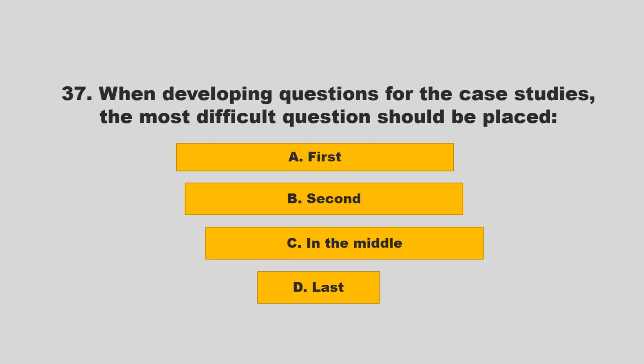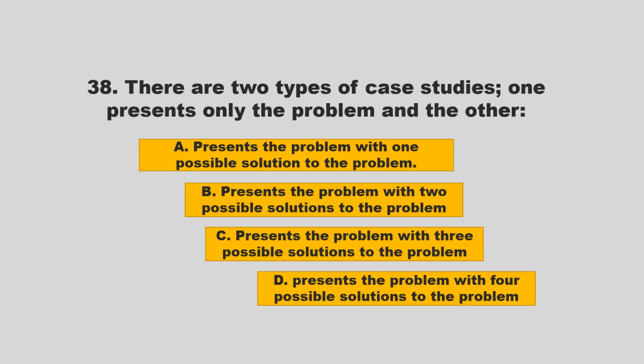When developing questions for the case studies, the most difficult question should be placed, is it first, second, in the middle, last? If you chose C, in the middle, you are correct. There are two types of case studies.